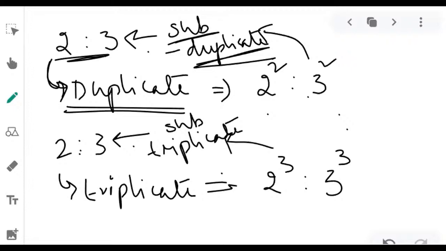So tomorrow or whenever the next class is, we'll start off with proportions. That is kind of an extension to this. That's why I'm moving it purposefully to next class, because I want you to remember this topic when you are going to the next topic. So we'll see 1 or 2 problems on this and then move to proportions in next session.